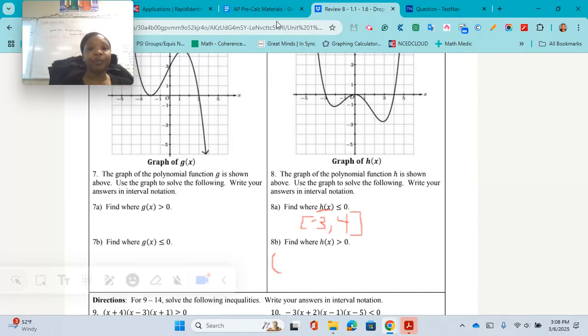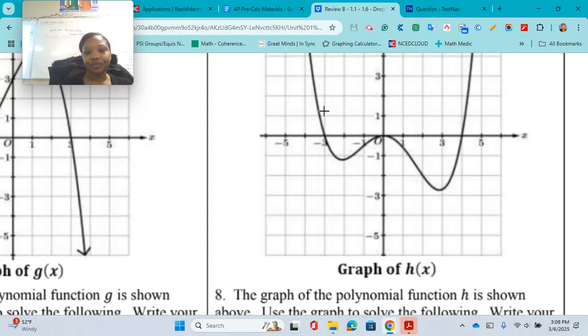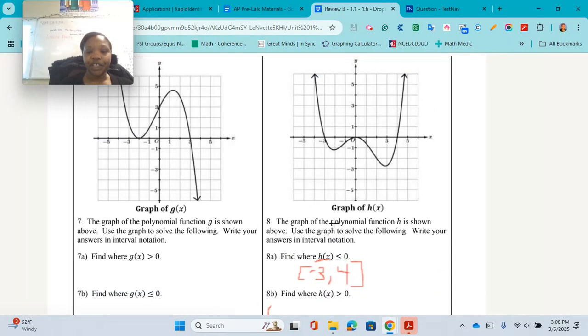This is coming from negative infinity to what kind of 3? -3.